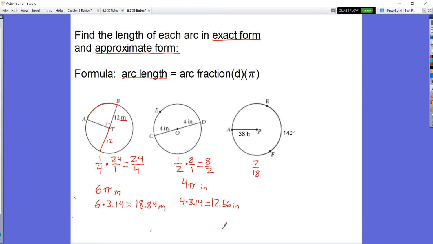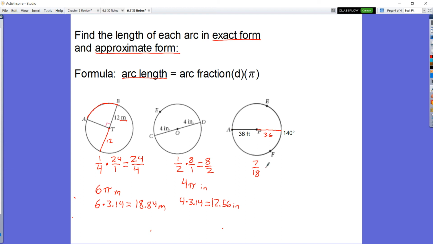We've got one last example to do, one last circle. We're going to find the actual length of EF. We take our arc fraction and multiply it by the diameter. I'm only given the radius for this circle. I'm told the radius is 36, so the diameter would be another 36. My distance all the way across is going to be 72.